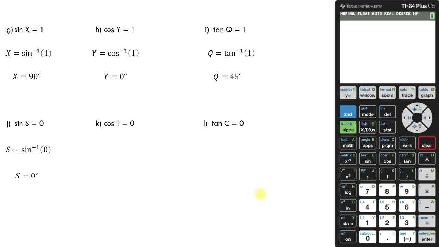Question K states that the cosine of t equals 0. Second function brings up the inverse cosine, entering 0, gives us a value of 90 degrees. And the last question, L, states that the tan of c equals 0. Therefore, the inverse tan of 0 also equals 0.